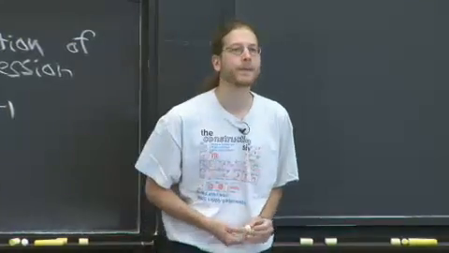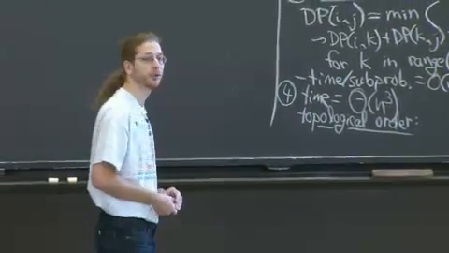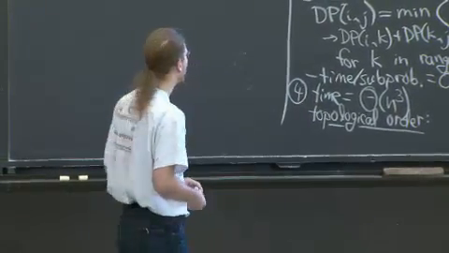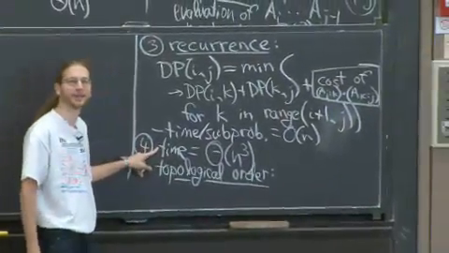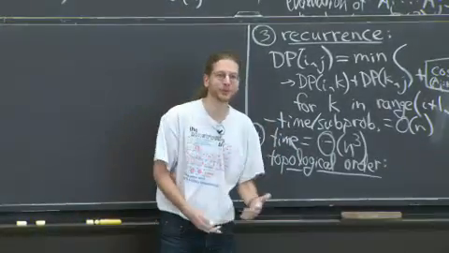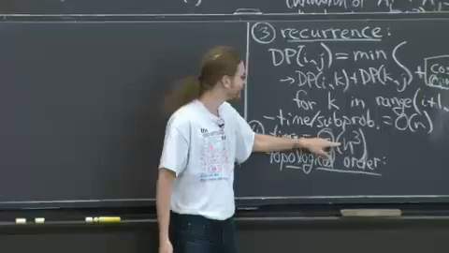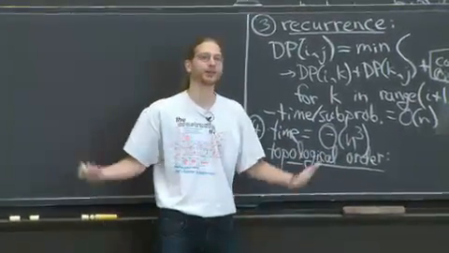Just a real quick question. So what we're calculating right now is the amount of time not to multiply the matrices, but to determine the best way to multiply, correct? This is the running time to determine the best way to multiply them. That's right. So yeah, it's worth checking, because we also have to do the multiplication. But if you imagine this n, the number of matrices you're multiplying is probably much smaller than their sizes.